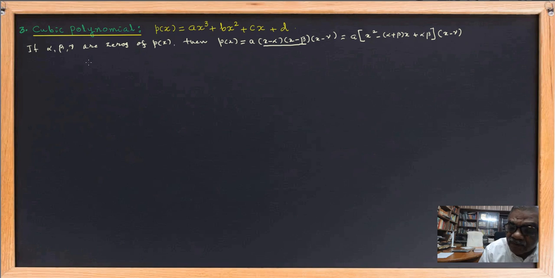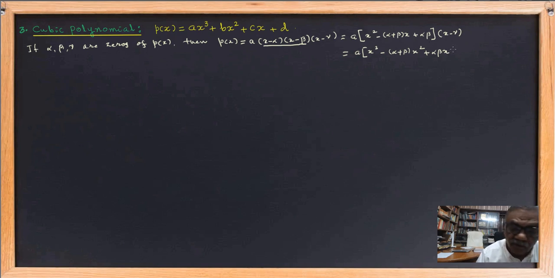And this is equal to, I can write down, a x cube minus (alpha plus beta) into x square plus alpha into beta into x.